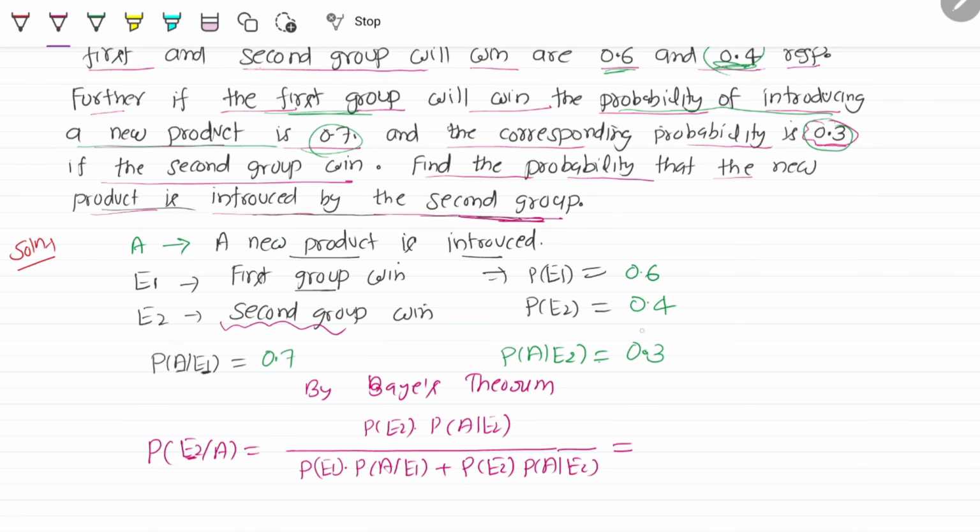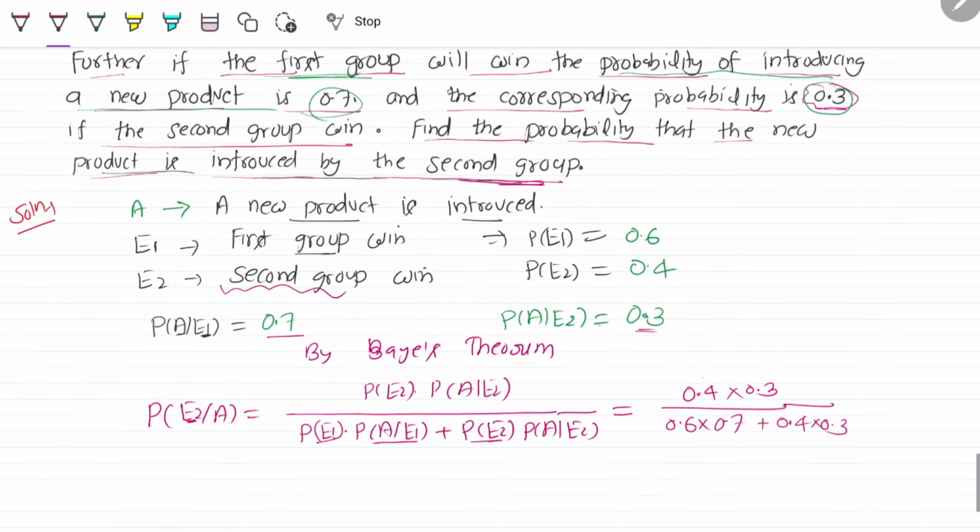So P(E2) is 0.4, P(A by E2) is 0.3, P(E1) is 0.6 into P(A by E1) 0.7, plus P(E2) 0.4 times P(A by E2) 0.3. Same numerator and denominator terms, see.